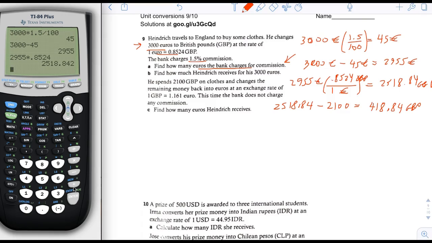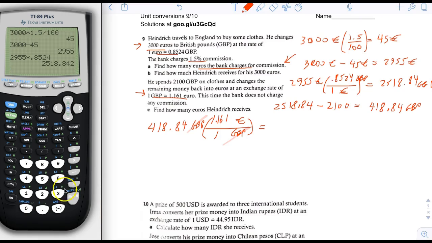And then he's going to change it back to euros at an exchange rate of that. No commission this time. Thank goodness. 418.84 GBP, we're going to multiply times the domino. On the bottom, we're going to have GBP, and on the top, we're going to have euros, because we want GBP to cancel out. We're going to put 1 GBP at the bottom and 1.161 euros on top.